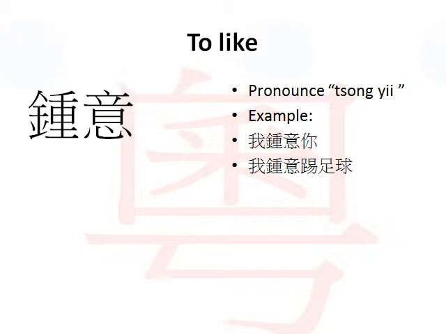In this case, we would say 我中意踢足球, where 踢足球 means playing soccer. 踢 actually means kick, so it means I like to kick soccer, which doesn't make sense in English, but that's how we say it in Cantonese.